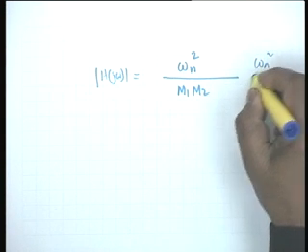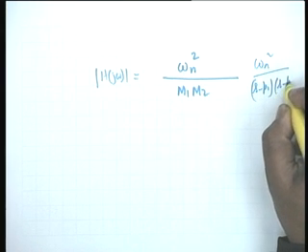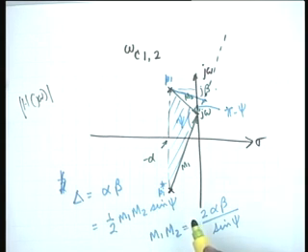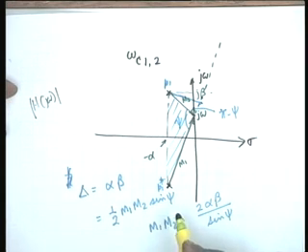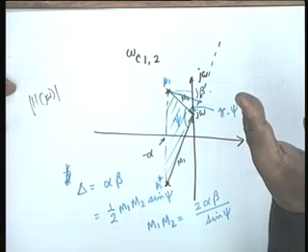What was our function? Omega n squared divided by s minus p1, s minus p1 star, if you call this p1 and this p1 star. Then the magnitude at any frequency is simply the product of the zero factors divided by the product of the pole vectors.